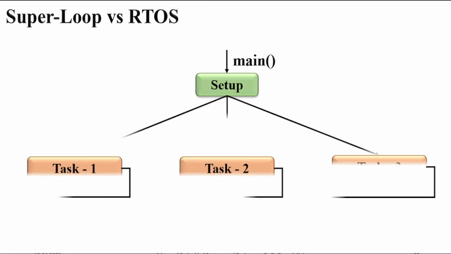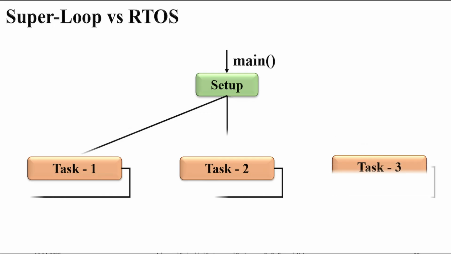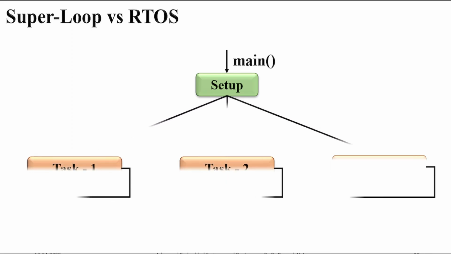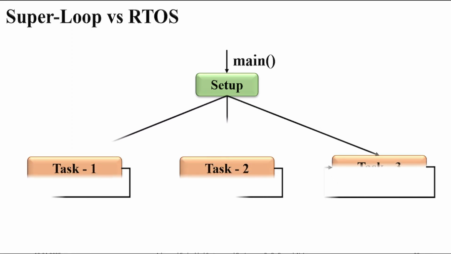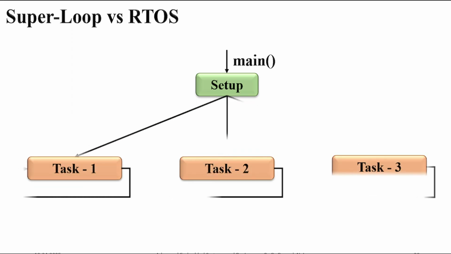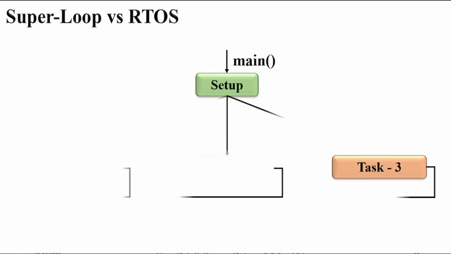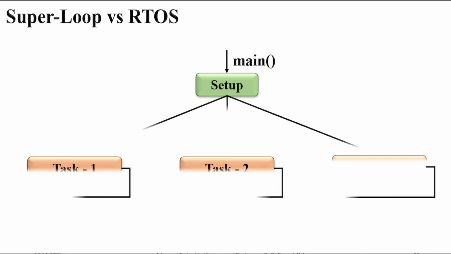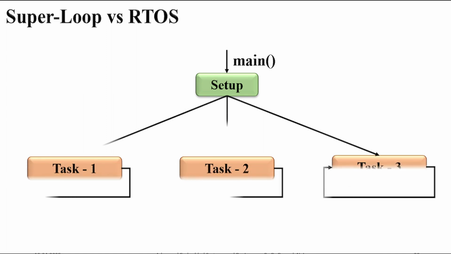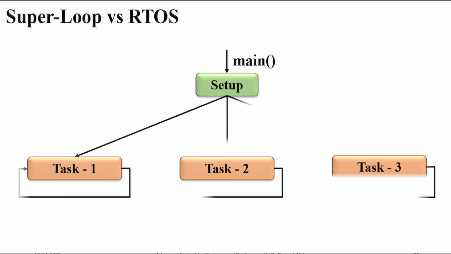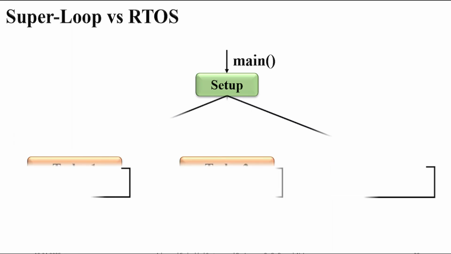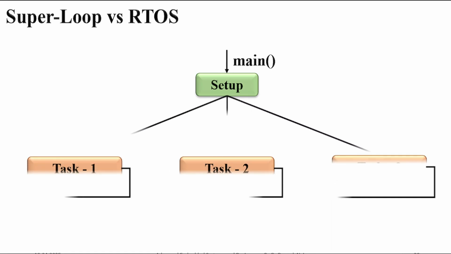Although it looks like all three tasks are running simultaneously, in the real world they take their own time. Once one task is completed, only then will task 2 run. After task 2 is completed, task 3 will run. But these tasks, and multiple others, run so fast that it appears all of them are running simultaneously.